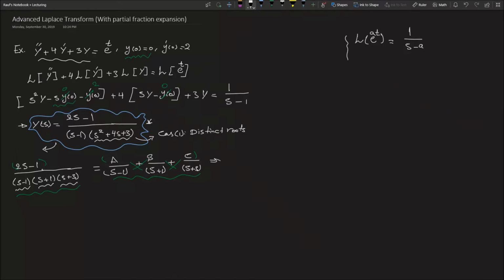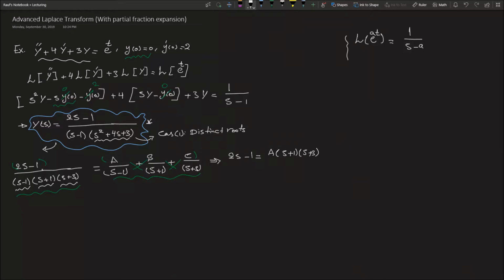Doing that, we get the left hand side numerator to be 2s minus 1. That equals a, which will be in the numerator for the first term, a multiplied by s plus 1 multiplied by s plus 3.